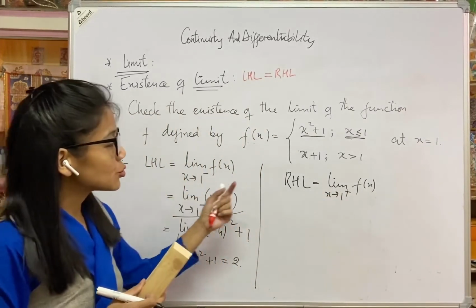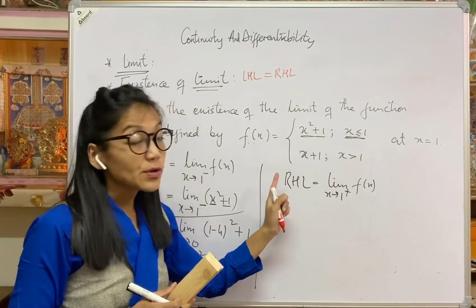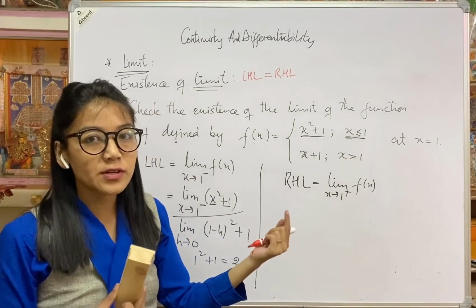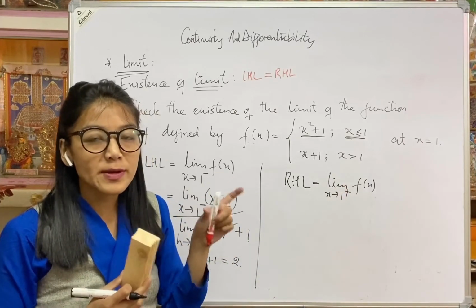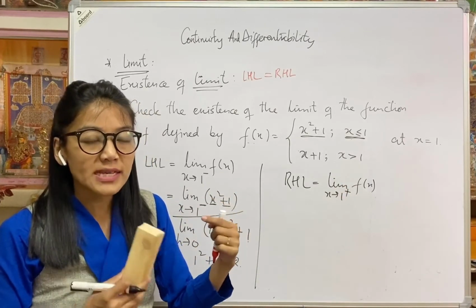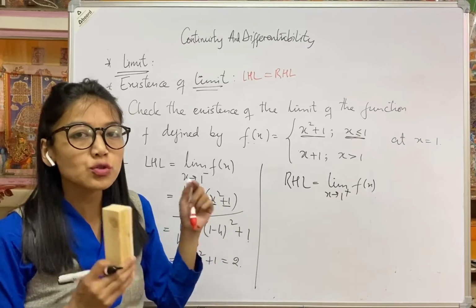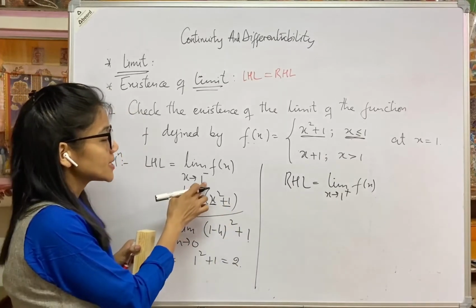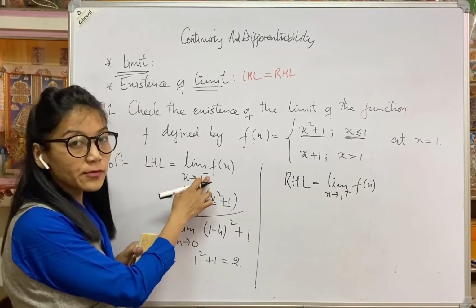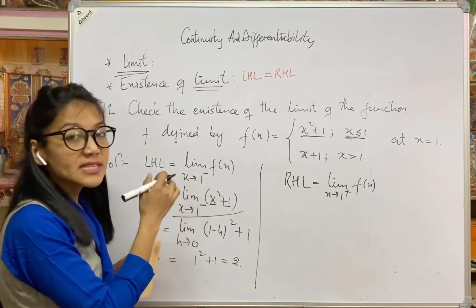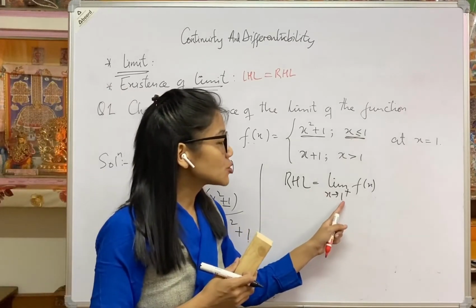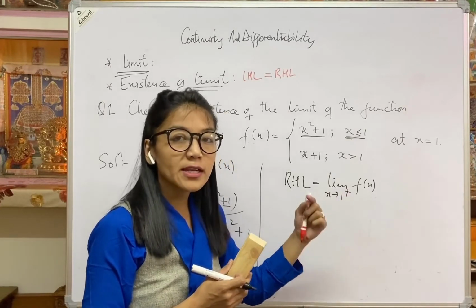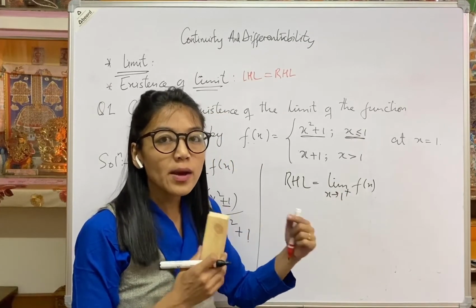Now this is how we denote left hand limit and right hand limit, because these two are different. If you just write x tends to 1 only, then it is not specified whether you are moving towards 1 from the left hand side or the right hand side. So to specify that, you will write 1 raised to negative, which denotes x is tending towards 1 from the left hand side. When you write x tends to 1 raised to positive, it means x is moving towards 1 from the right hand side.